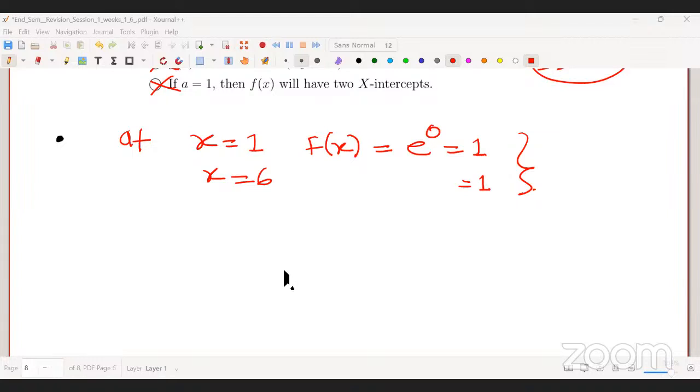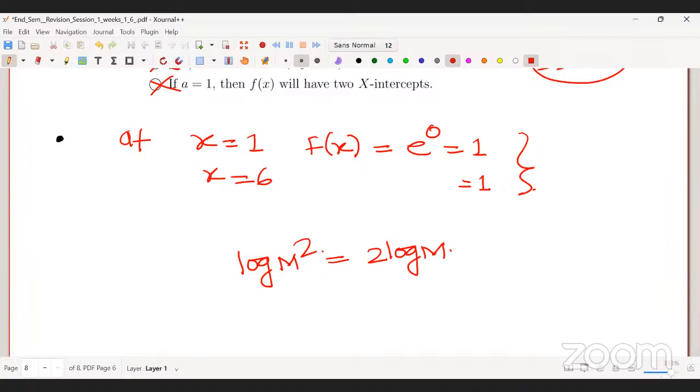There is nothing to explain here. This is precisely the property of log, right? So what is the property of log? What is log m square? You can write this as 2 log m, right? Yes, sir. So that is what this question is.